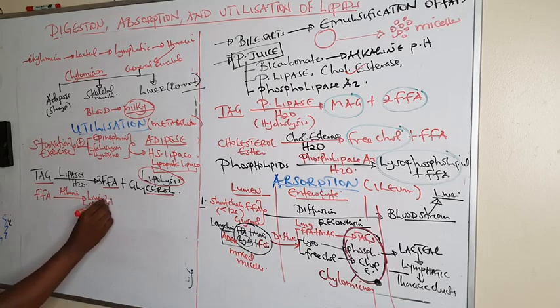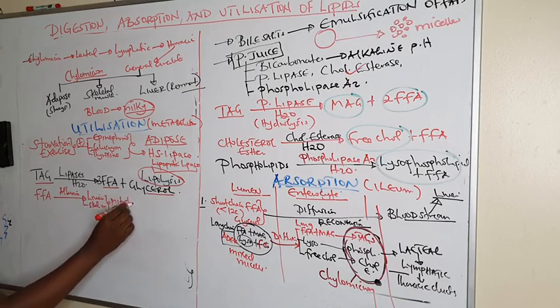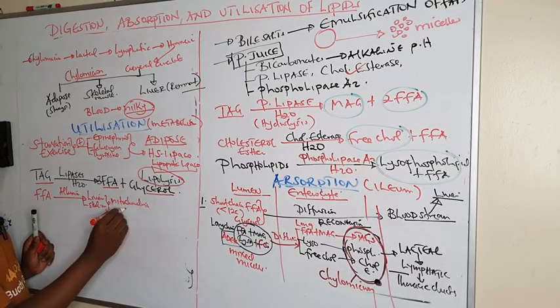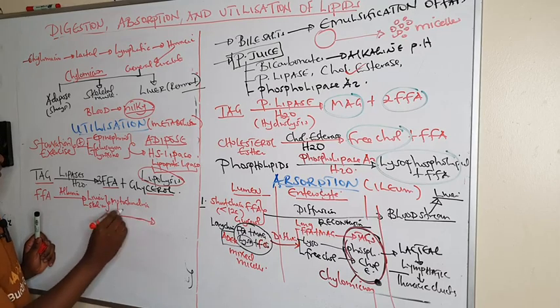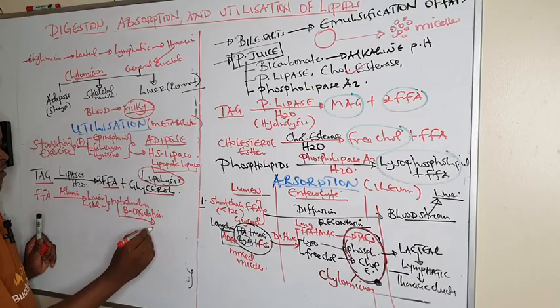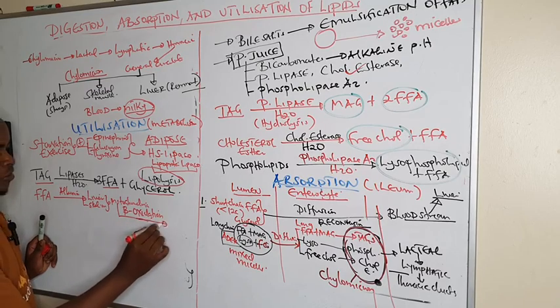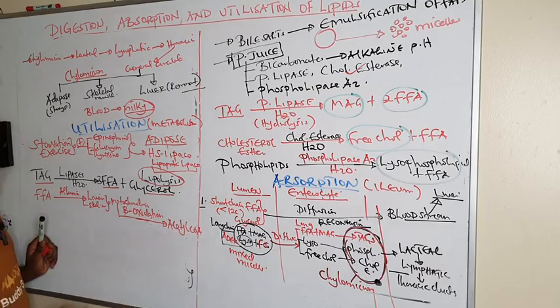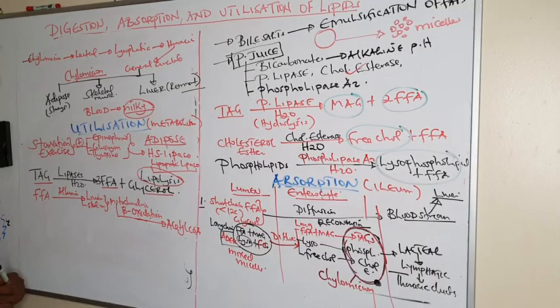And within the mitochondria of the liver and the skeletal muscles, this free fatty acid undergoes beta oxidation to form what we call acetyl coenzyme A. That is the fate of free fatty acids.